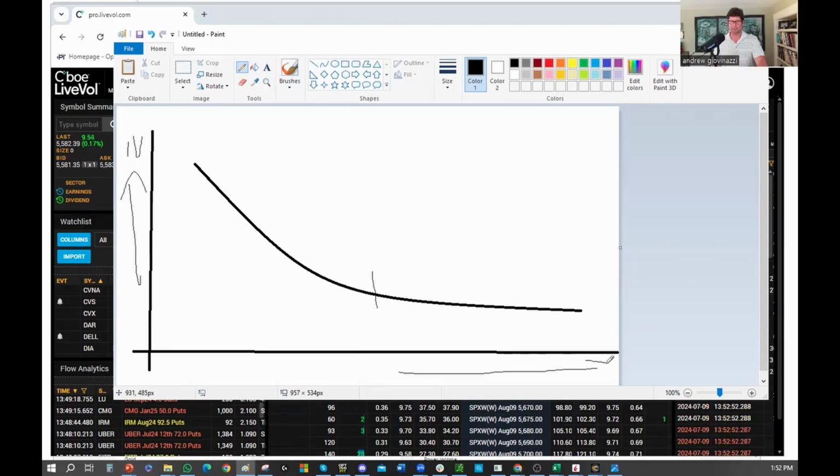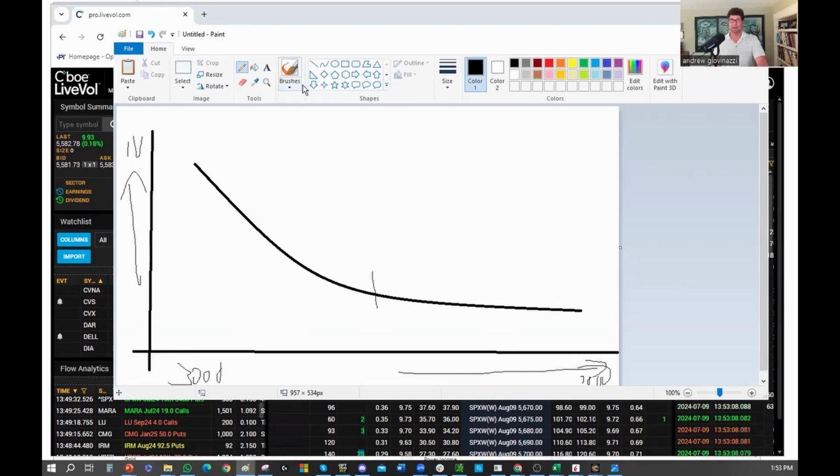So these are your strikes going, let's say, from 3,000 SPX to 7,000 SPX. The curve basically looks like this, although there are cases where those short-term calls slope upward.